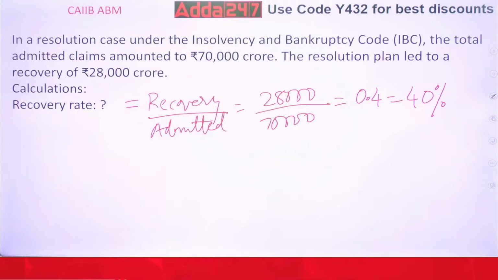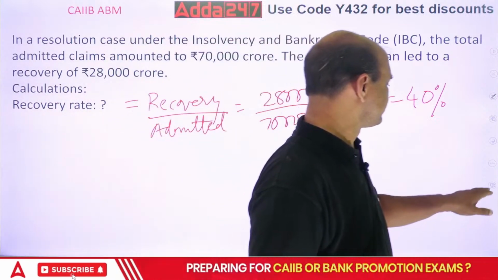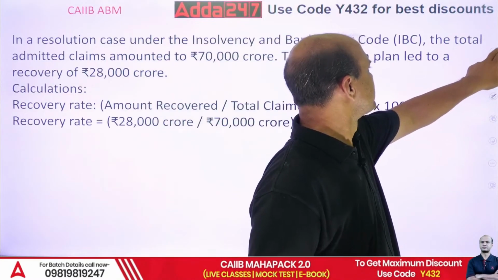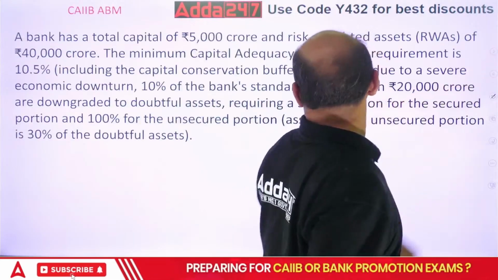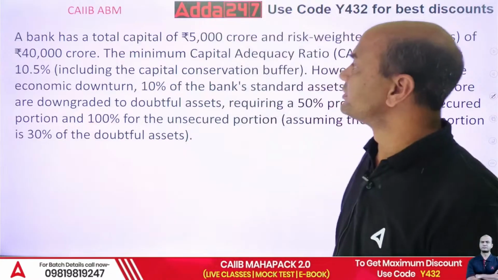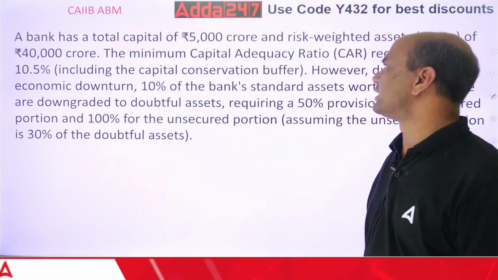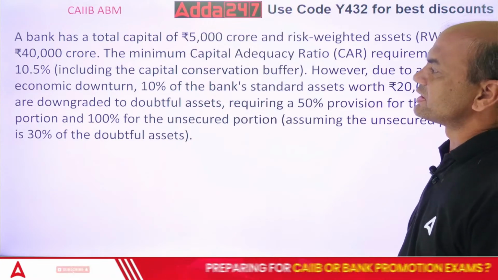Now one more. Let's do one more on this. Big case study. A bank has a total capital of 5,000 CR and risk-weighted assets of 40,000 CR.